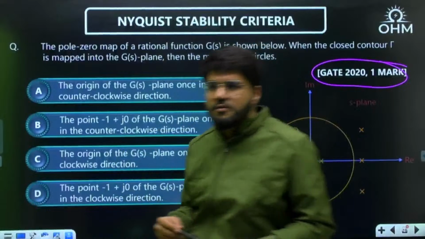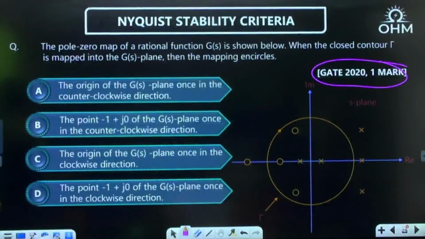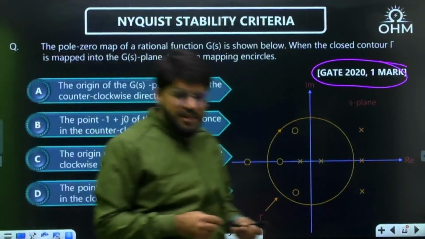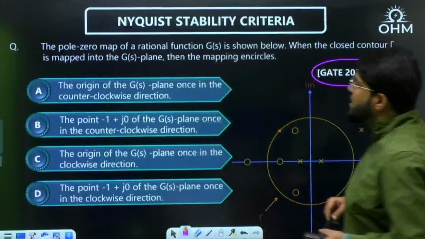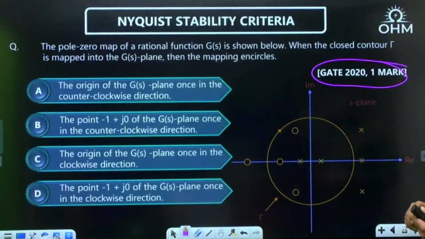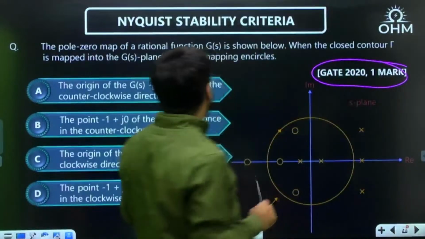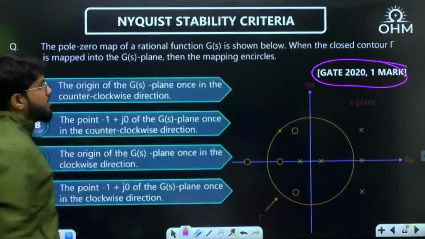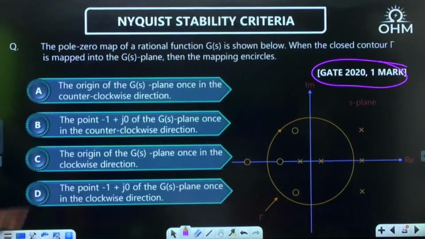Yeah, so Sai Vikas says option number C. Let's continue this. The pole zero map of a rational transfer function G(s) is shown below. When the closed contour tau is mapped into the G(s) plane.